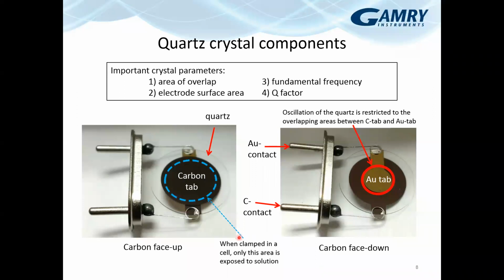When you clamp this sensor into the cell, only this area approximately is going to be exposed to the solution for your electrochemistry. And on the flip side, if you turn this over, you'll see the gold tab, right? And so this area right here defines the area of overlap, okay?